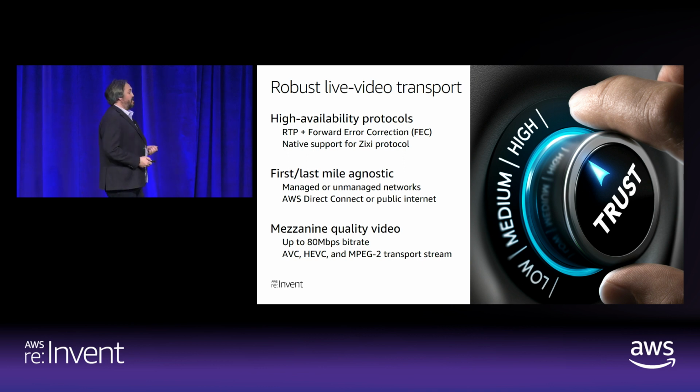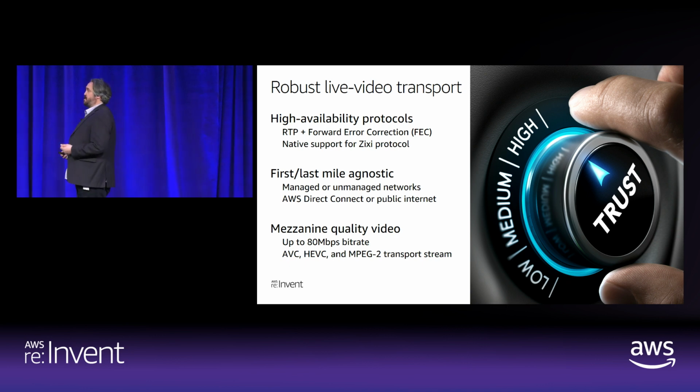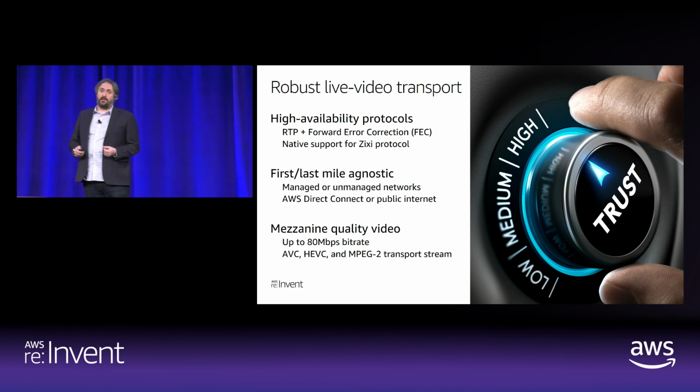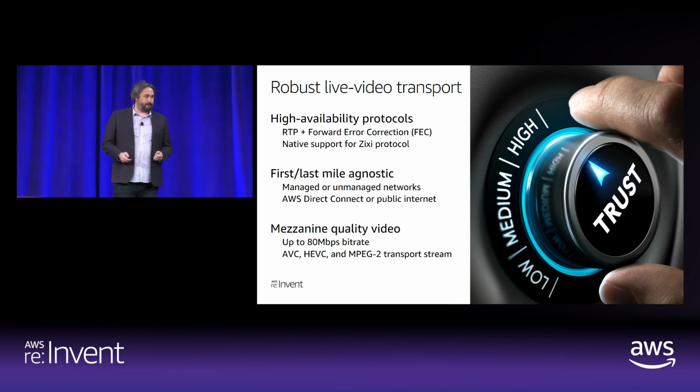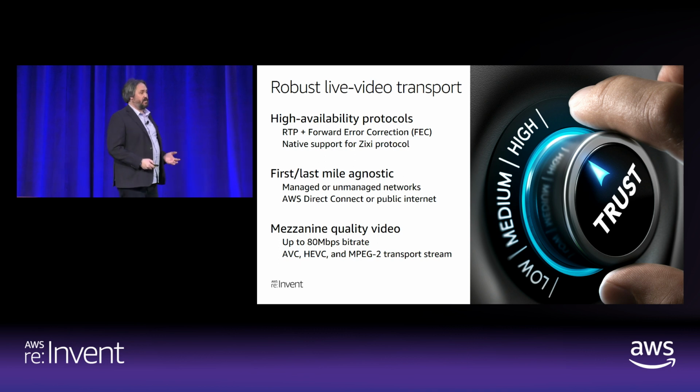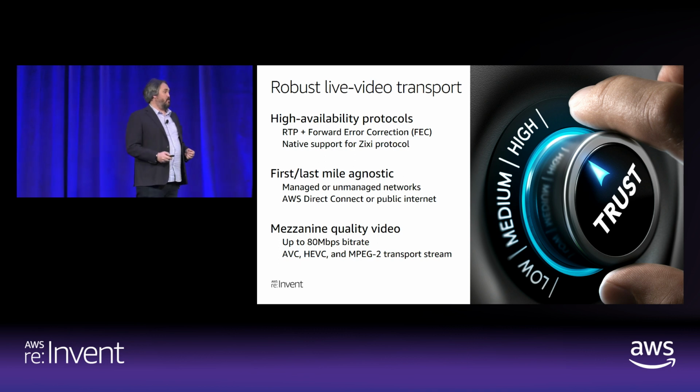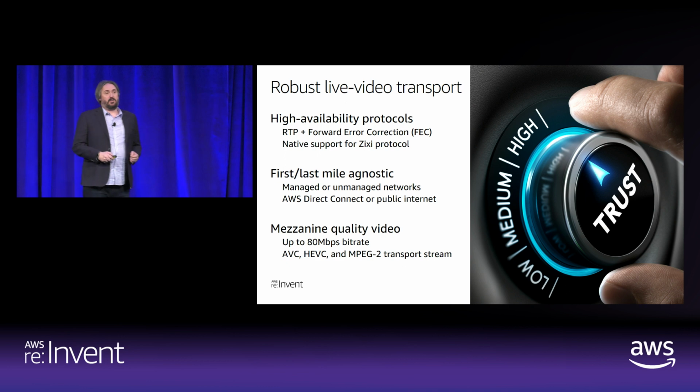And so for us, that really boils down to protocol support, protocols that sit on top of UDP that bring that quality of service layer. So some obvious choices are things like forward error correction, which of course our service will support, but we are very excited to announce that our service will also natively support Zixi protocol at launch, which was yesterday, by the way, in case you didn't know.